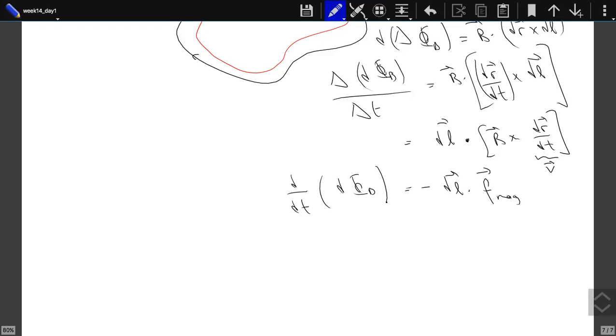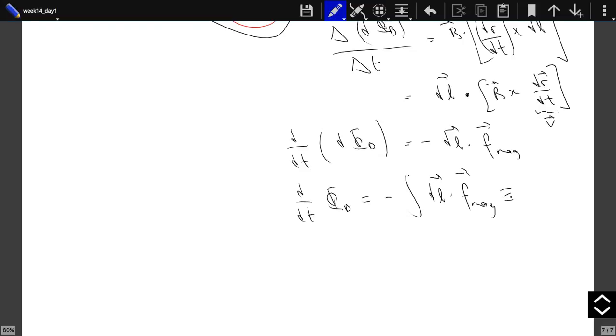If you just sum over all these small segments, you get the total flux. But this is nothing but minus EMF.